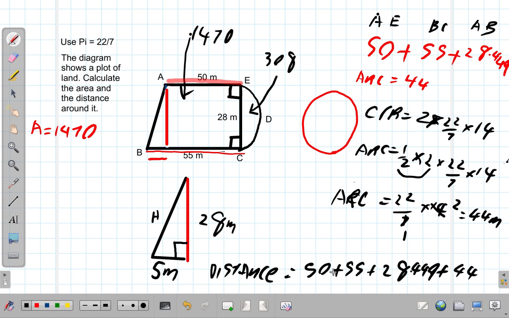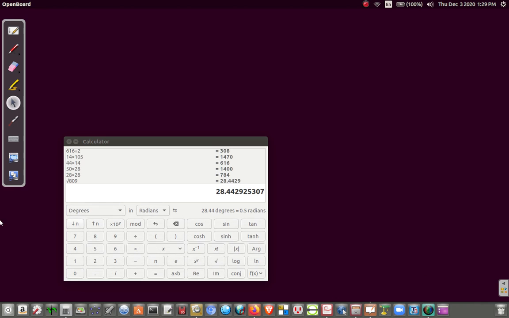Alright, 50, 55, 28 and 44. So 50 plus 55 plus 28 plus 44 gives us 177.